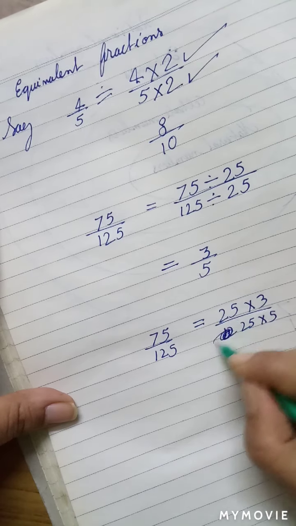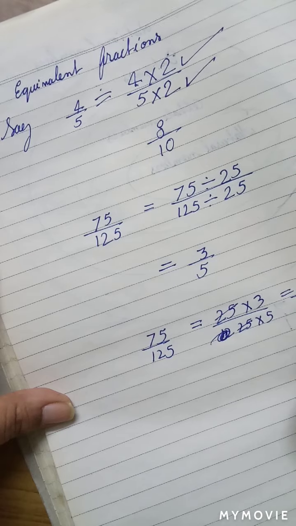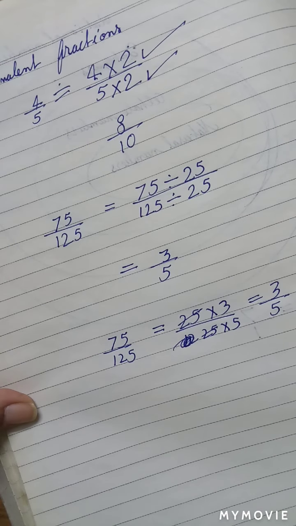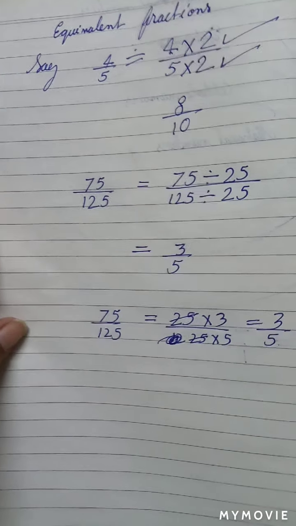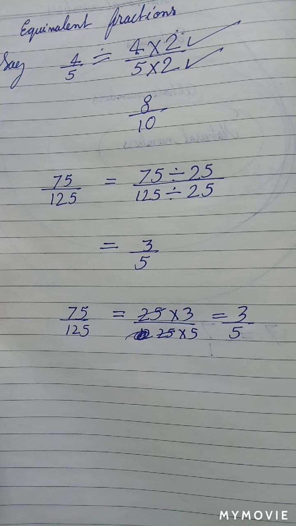So 25 will cancel out each other and we will be left with 3 by 5. So whenever we multiply or divide the same number to the numerator and the denominator, the result that we get is called an equivalent fraction.